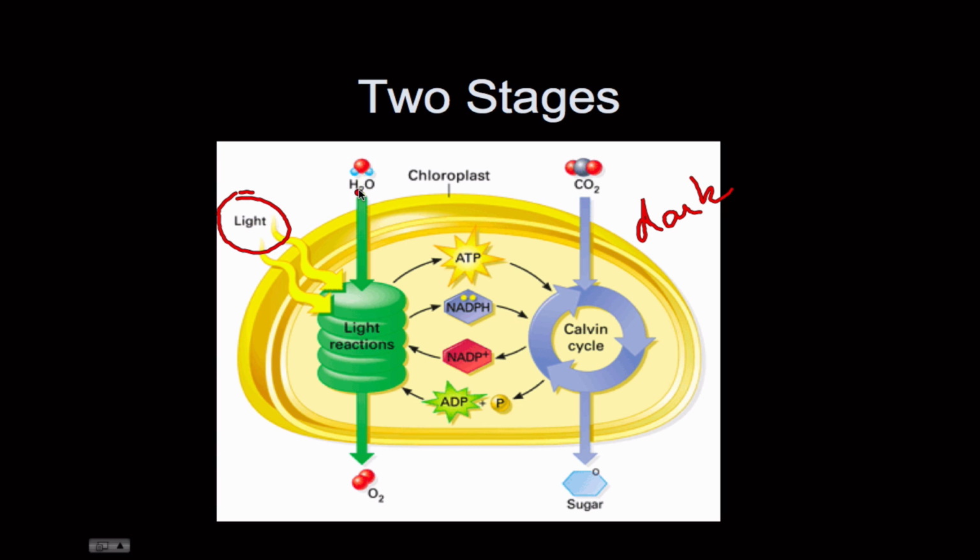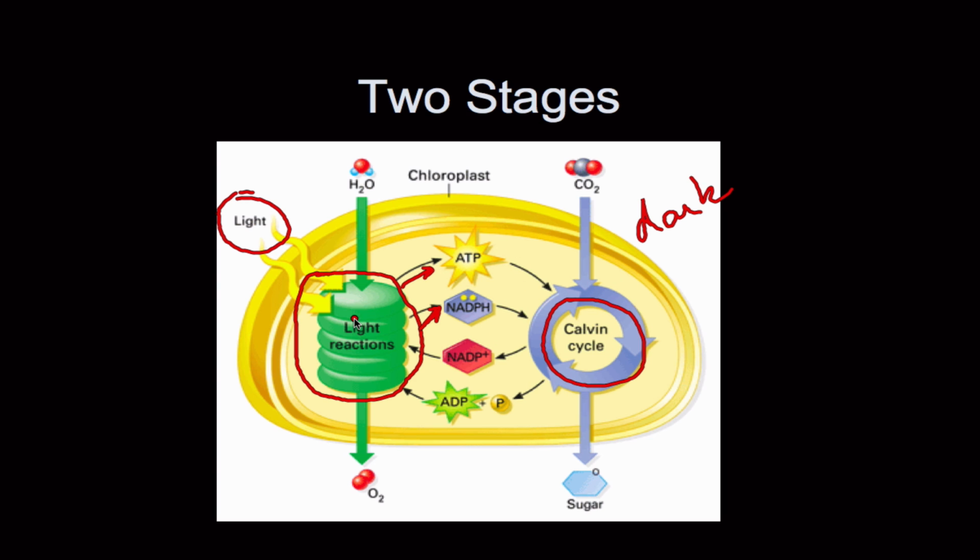All right, so what we have here is we have the water coming in, we have the light, we have the carbon dioxide, and inside of these thylakoids or grana, we have the light reaction occurring, and it makes what's called ATP and NADPH, and then it goes into something called the Calvin cycle, which is basically just occurring consistently.